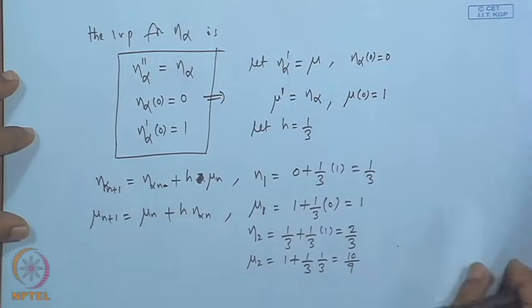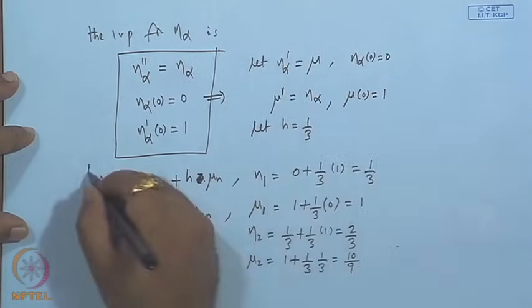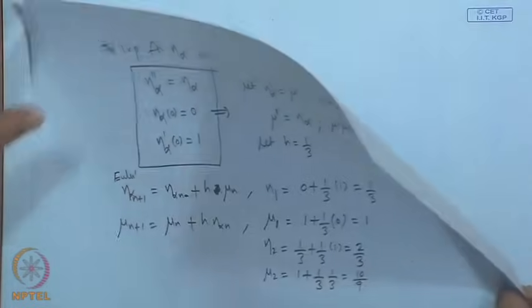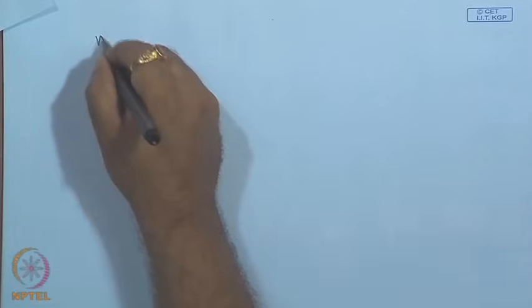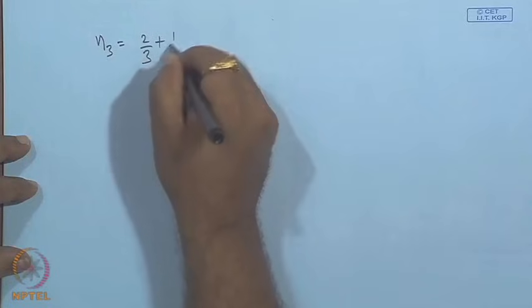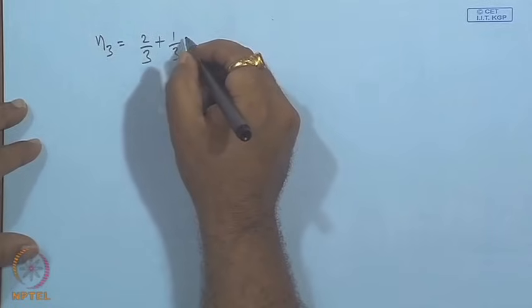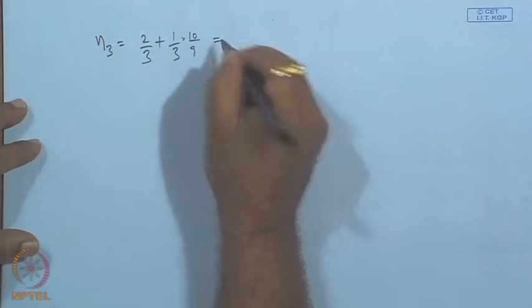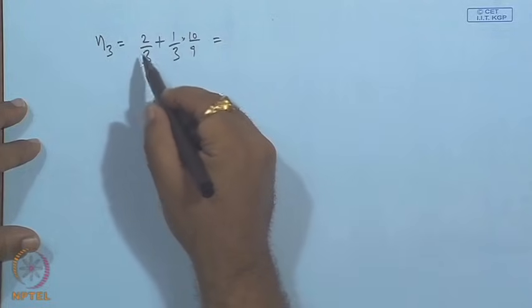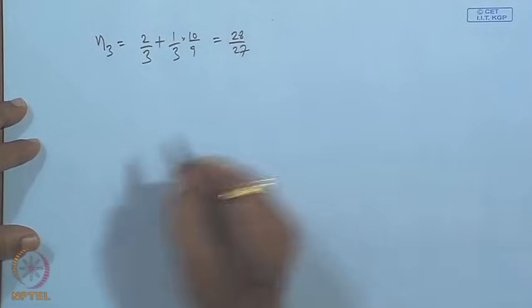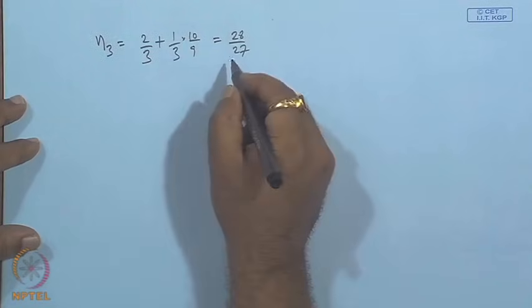See, essentially we are solving this using the Euler method. So, ultimately we need eta 3, which is eta 2 plus h mu 2. So, this is our value.